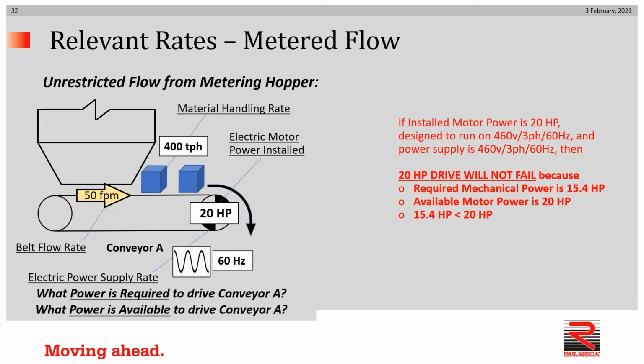If the drive selected is 20 horsepower and the power supply is 460 volt, 3-phase, 60 hertz, and the supply is actually at that same frequency, the drive will not fail because required mechanical power calculated previously is determined to be 15.4 horsepower. Available power is 20 horsepower. 15.4 is less than 20. Therefore, this drive should work continuously, indefinitely.